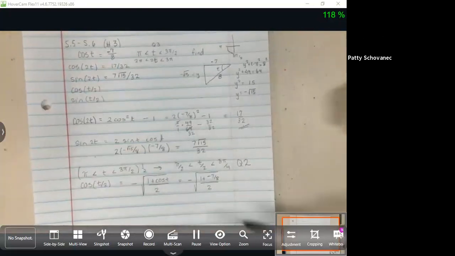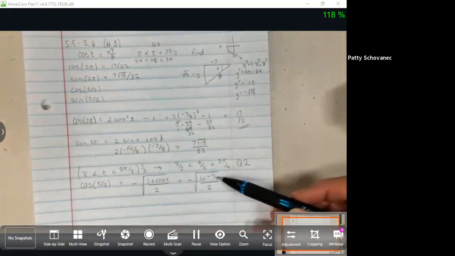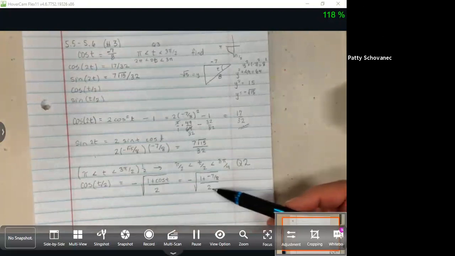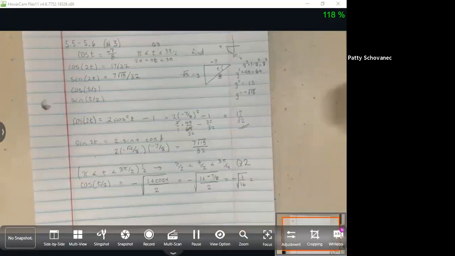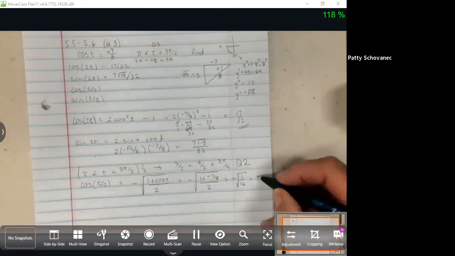So think of this one as being 8/8 plus negative 7/8 is 1/8. Divide 1/8 by 2 and you get 1/16. So negative square root of 1/16. 1/16 is a perfect square because 1/4 times 1/4 is 1/16. So our answer here is a negative 1/4.